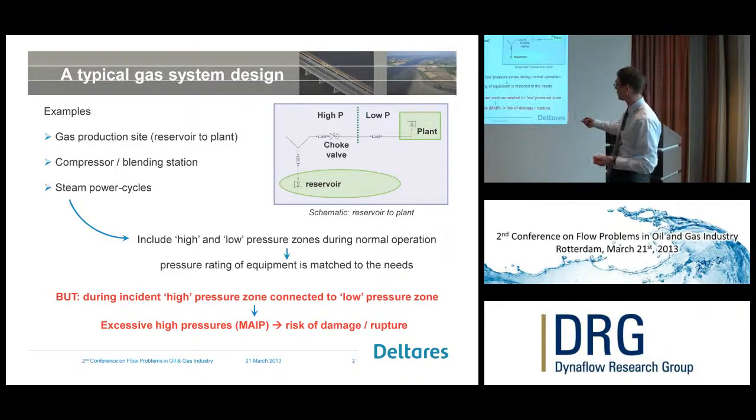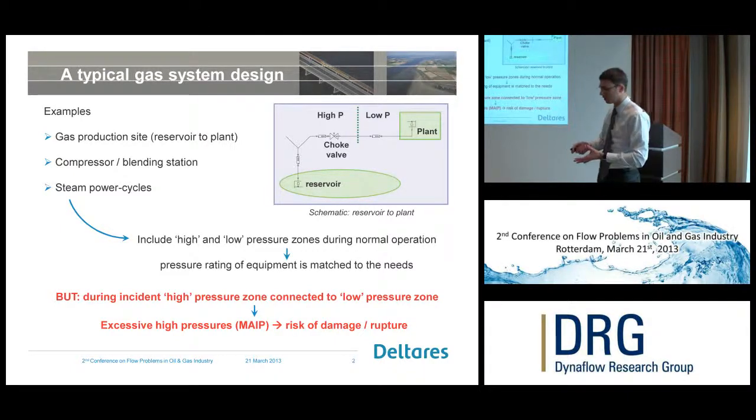In that case pressure waves will go through your transport system, and the initially low pressure zone, which has low pressure rating pipelines, may get damaged because the pressure rises above your maximum allowable incidental pressure, the MAIP, and therefore you get a risk of damage or rupture.